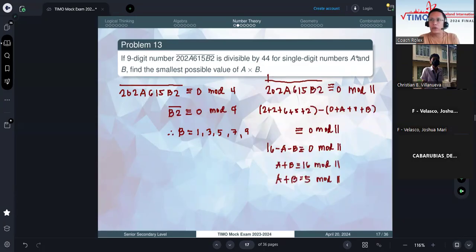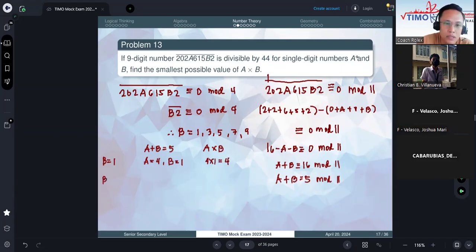Then we write here A plus B is equal to 5, and we want A times B. At B is equal to 1, A plus B is 5, so A is equal to 4, B is equal to 1. So 4 times 1, that is 4.